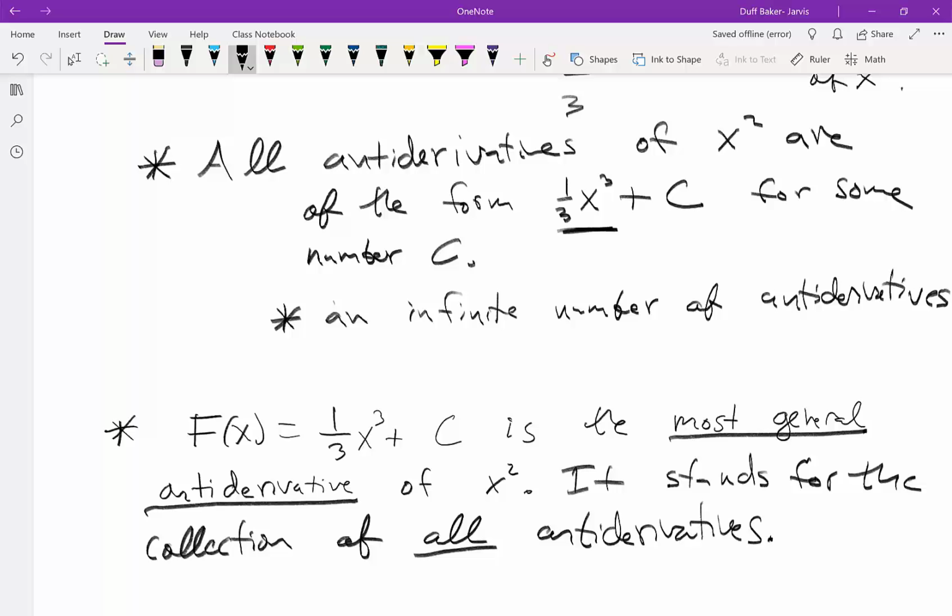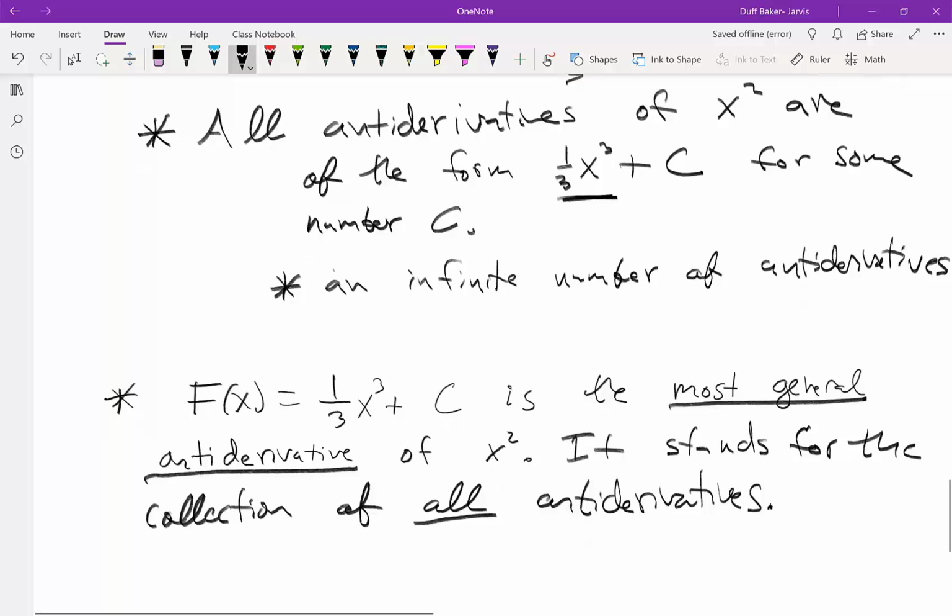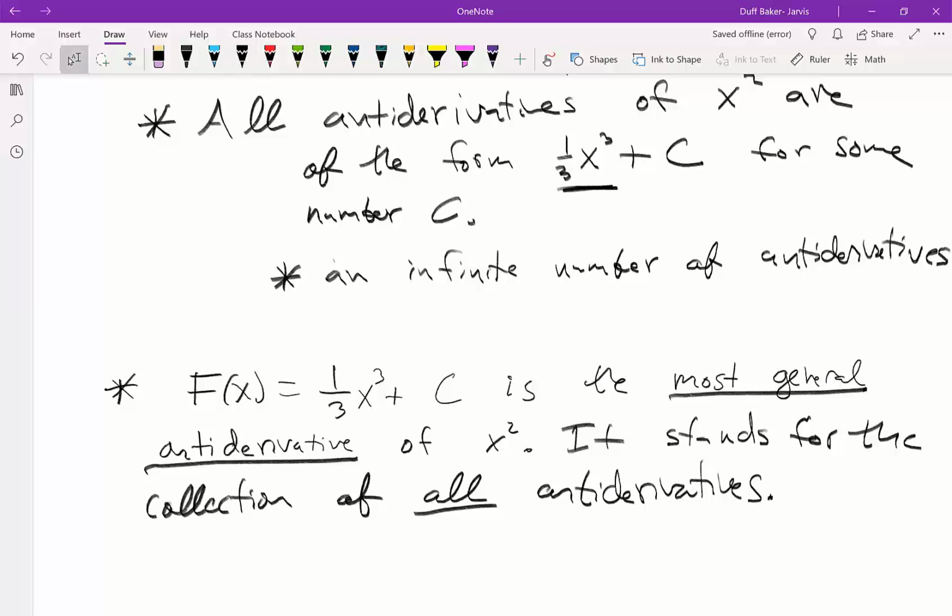Okay. So sometimes we'll only care about a particular one, but if we don't know which particular antiderivative we want, we just kind of write them all down by writing down the most general antiderivative.